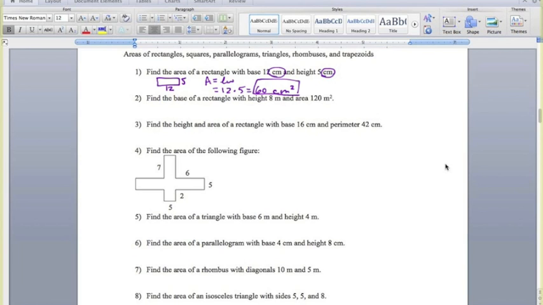The second one: find the base of a rectangle with a height of 8, and we don't know that base. We can call it b, we can call it x, we can call it whatever we want. We do know that the area of this thing is 120. Well, if area is base times height, then 120 is equal to 8 times x.